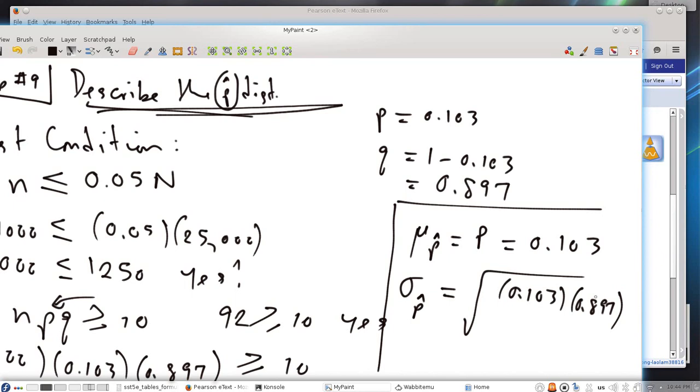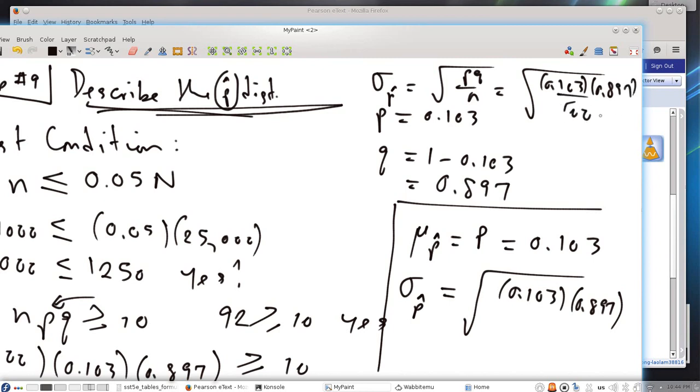Now remember where I obtained these from? If you remember from the previous worksheet, sigma of p-hat is equal to the square root of p times q over n. In this case you have 0.103 times 0.897 over 1000, and that's what I obtained right here.